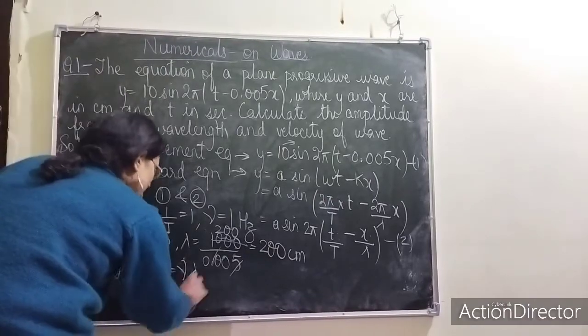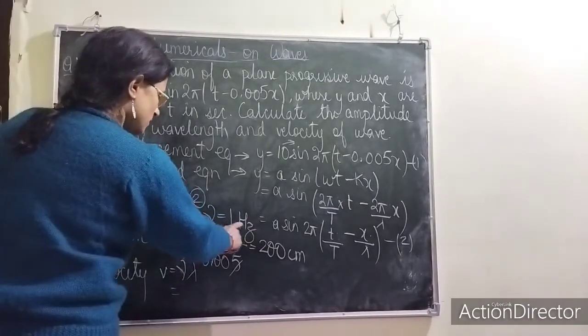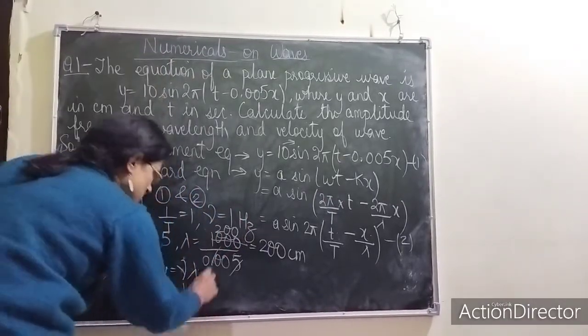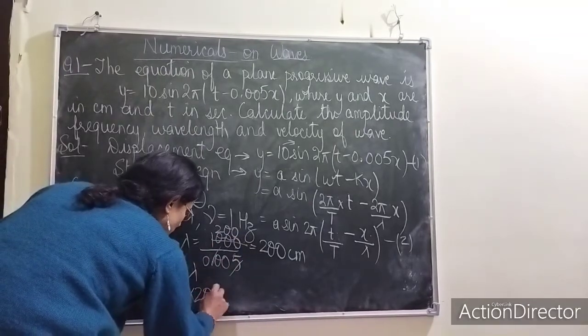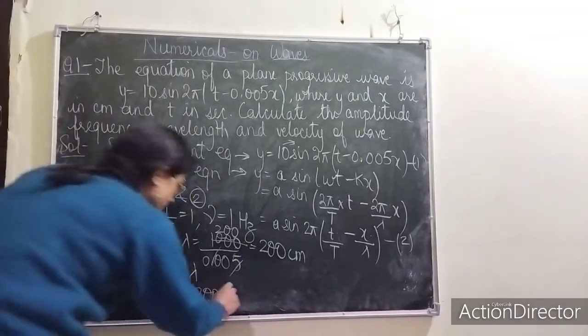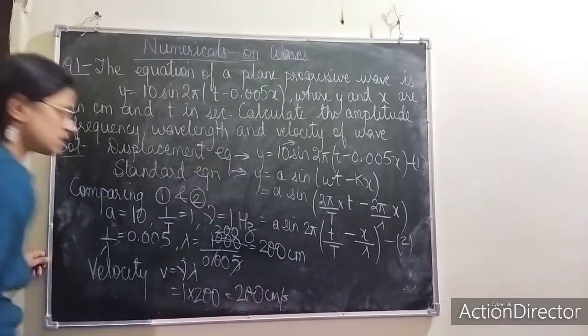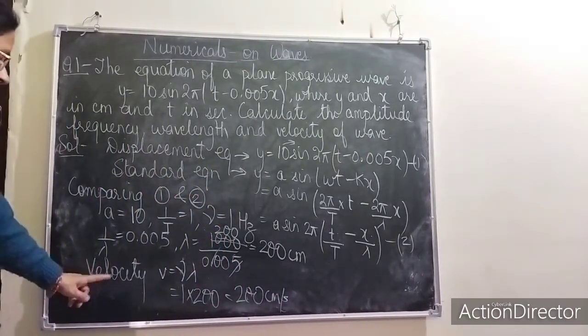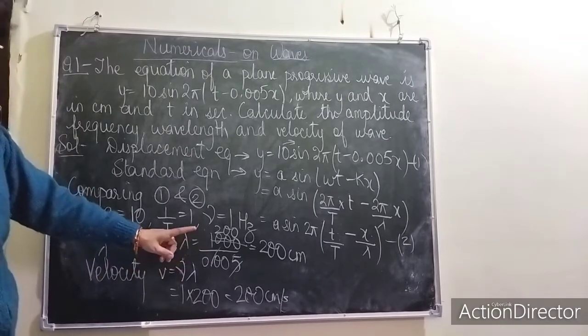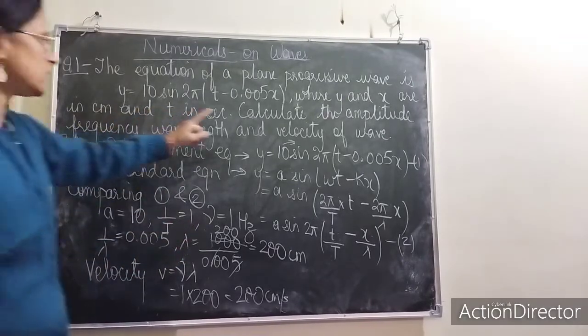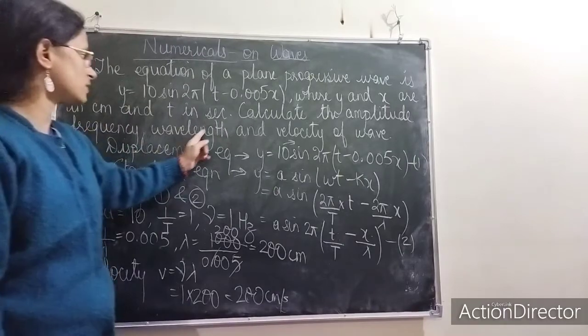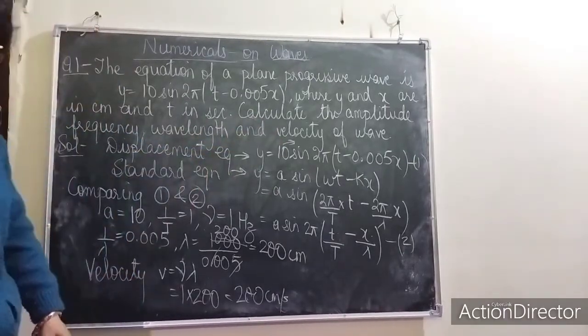What is the value of nu? Nu is 1 hertz here. What is the value of lambda? It is 200. So velocity will be 200 centimeter per second. This will be the velocity of the wave. In this way we have calculated the amplitude, frequency, wavelength and velocity of the wave.